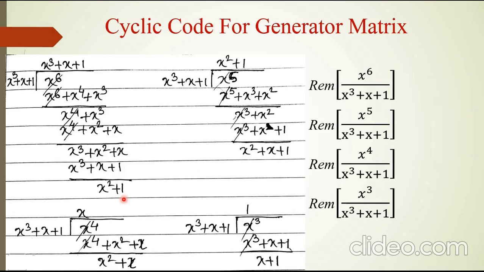So for the first case, the remainder is x squared plus 1. Now the second remainder, which is remainder of x to the power 5 divided by x cube plus x plus 1.